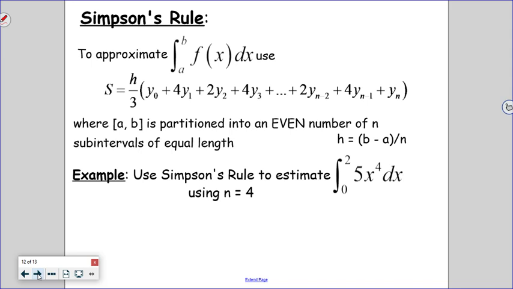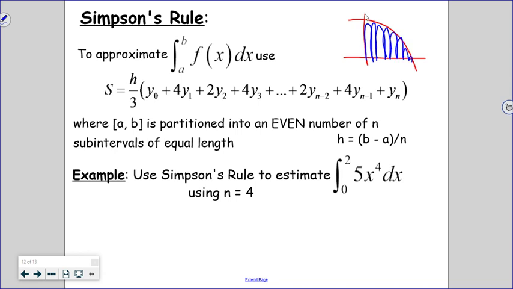But Simpson's rule uses parabolas, so parabolic shapes under your curve, to approximate area. Deriving this formula is definitely not worth our time, but if we were to look at something similar to what we had before, what it's doing is putting in parabolas under our curve to find the area.